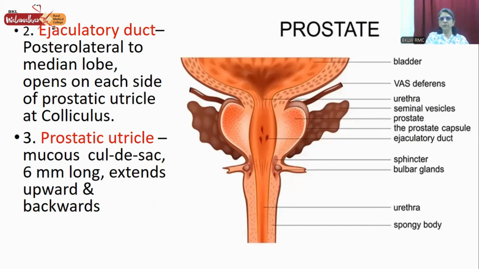The third structure we see here is the prostatic utricle, which is a mucous blind sac. It means the mucous membrane of the urethra forms a blind sac, about 6 millimeters in length, extending upwards and backward.